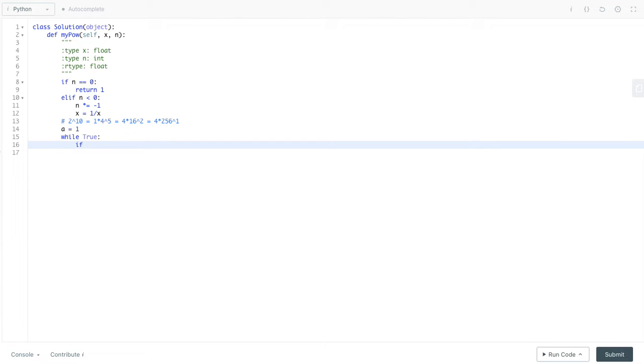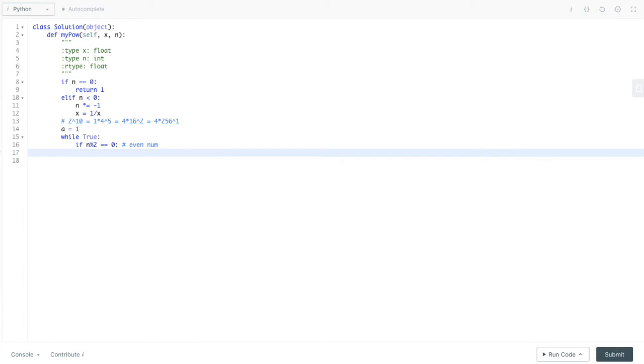So first of all, we'll handle the condition when n is an even number like 10. So if n divided by 2 and the remainder is 0, it means it's an even number.